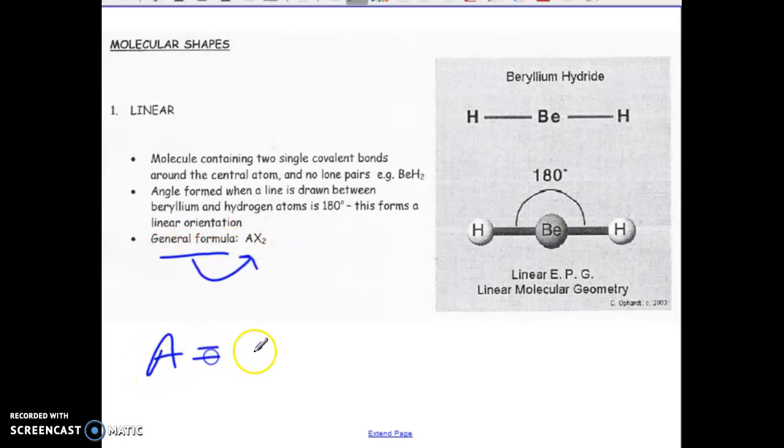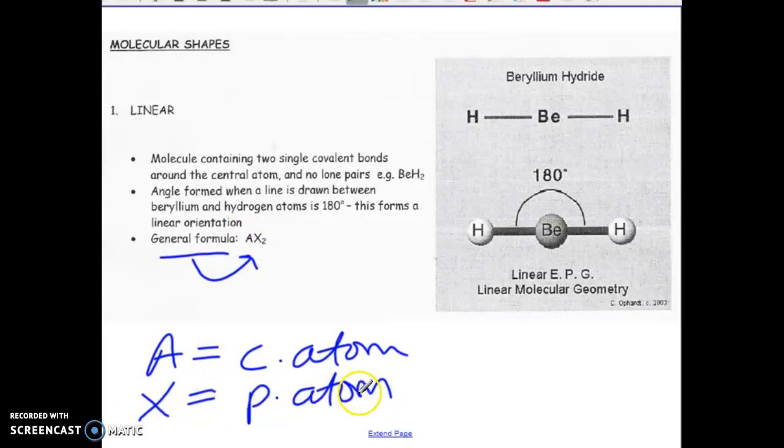So A represents the central atom, okay? So when you say AX2, that means there is one central atom. X represents a peripheral atom, meaning something that is bonded to the central atom. So in this case, when we see AX2, we have a central atom with two other atoms bonded to it.